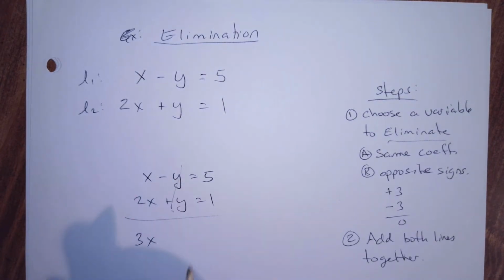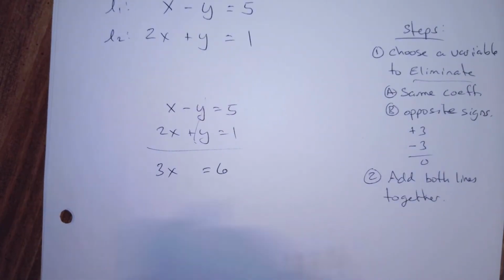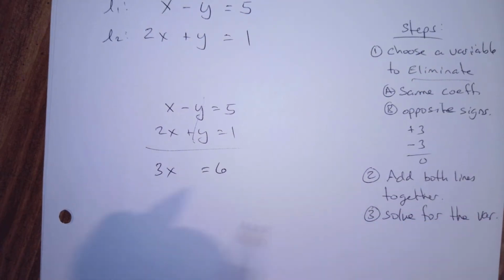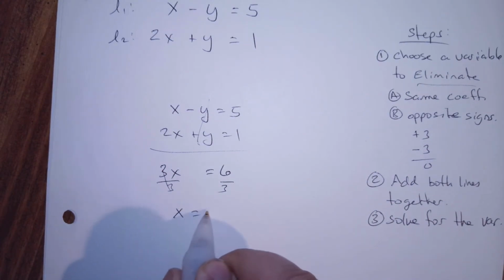Negative y plus y cancels, equals 6. And solve for the variable. So I divide by 3. So x is equal to 2.